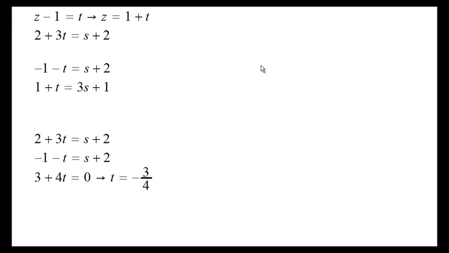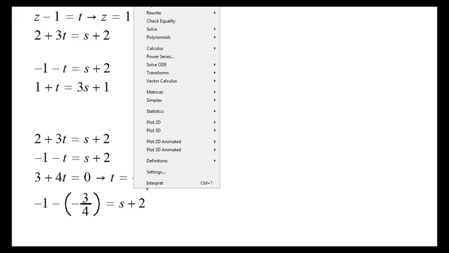So when t is negative 3 over 4, let's see what s will be. I'm just going to automate this computation because you know how to solve such equations.